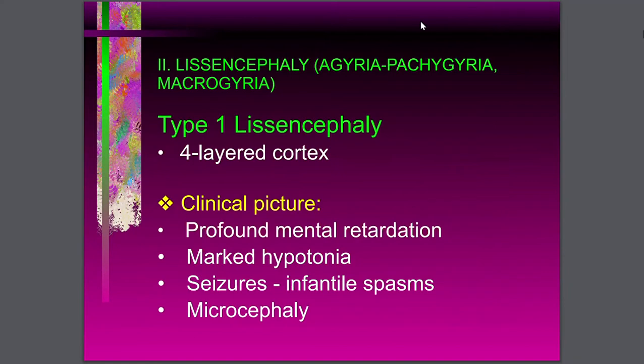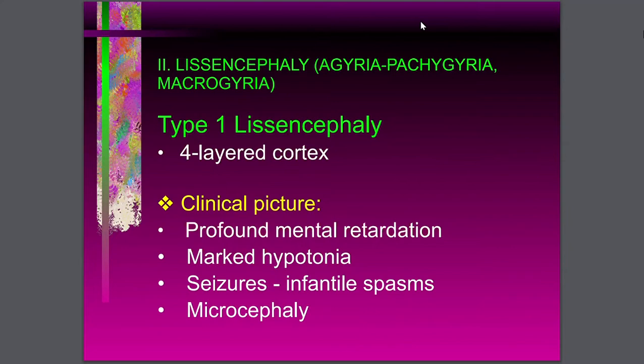While the type 2, we will discuss the type 2 later. So type 1 lissencephaly is a 4-layered cortex. So we all know that the cortex has 6 layers, di ba? While in lissencephaly, there are only 4 layers. So ang clinical picture of a patient with lissencephaly is there is mental retardation, which may be profound.